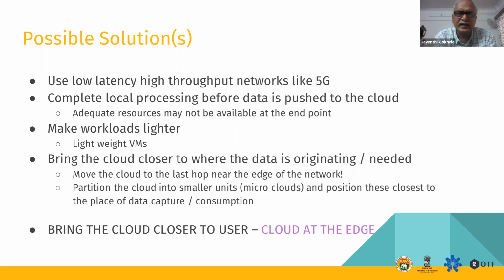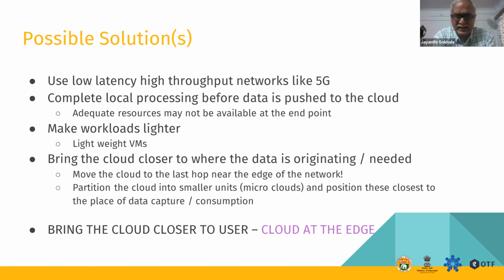And the fourth is, I told you, the entire cloud infrastructure, is it possible for me to bring it down exactly to where the infrastructure is needed? So here we come down to a case like, don't bring the entire cloud. Have a small fragment or a partition or a slice of the cloud. Let us call this a micro cloud or a mini cloud or a nano cloud, or maybe a cloudlet.